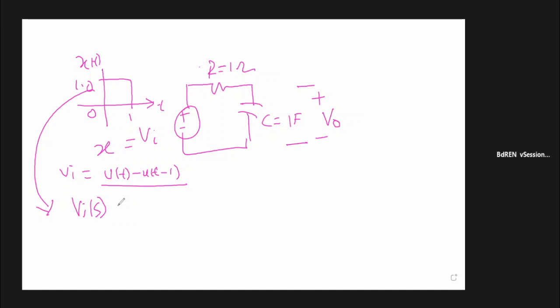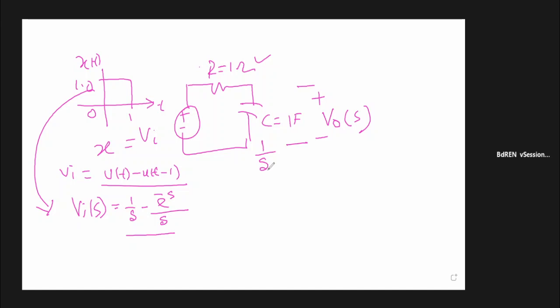Then Vi(s) would be equal to 1 divided by s minus, what is the Laplace transform of u(t minus 1)? e to the power minus s divided by s. So this is your input Laplace transform. Now if we transform our network, R will remain unchanged, and your C will be replaced by 1 by Cs, which is equal to 1 by s.